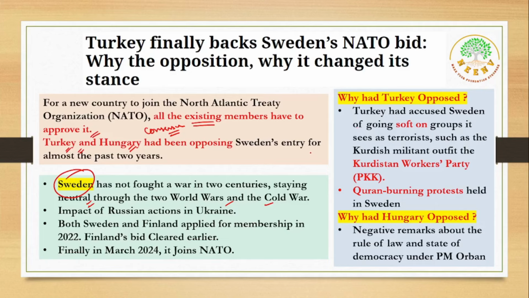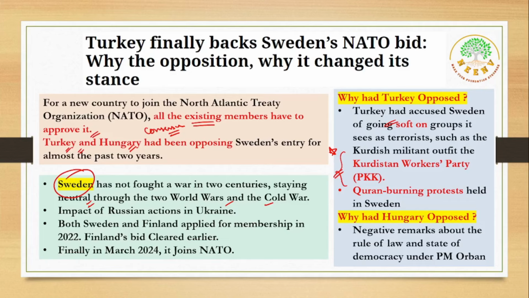Turkey opposed Sweden because there are many groups within Sweden which are considered terrorist by Turkey. For example, the Kurdistan Workers' Party, which works against the establishment in Turkey, is sometimes situated in Sweden. So Sweden is not taking any strict actions against those parties which Turkey is saying are terrorist groups and are bad for the interests of Turkey.